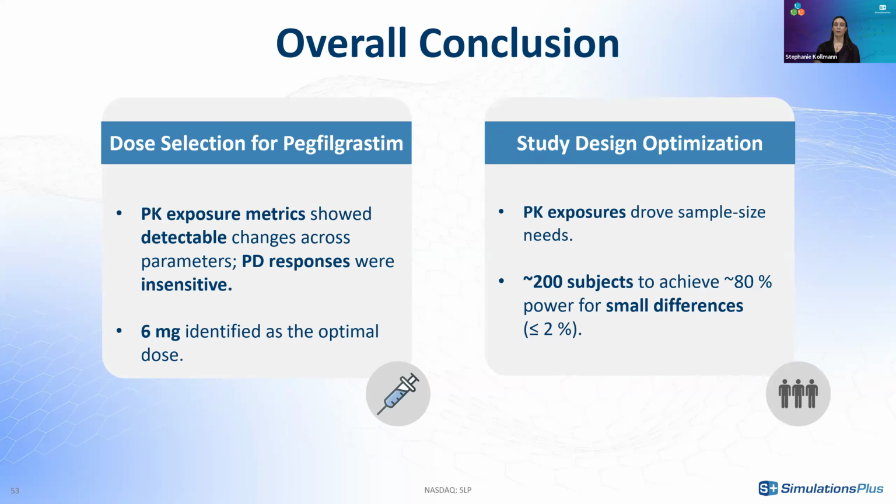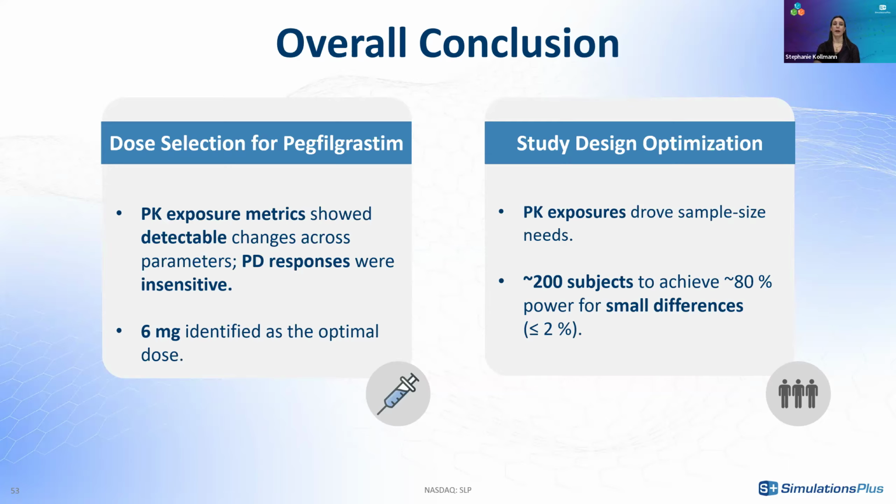In the second part, we performed clinical trial simulations along the same parameters to evaluate the required sample size for confirming biosimilarity. And here again, PK exposure determined the sample size needs. About 200 subjects were sufficient to reach 80% power for small differences of up to 2% for dose delivery differences and up to 10% for parameter differences.